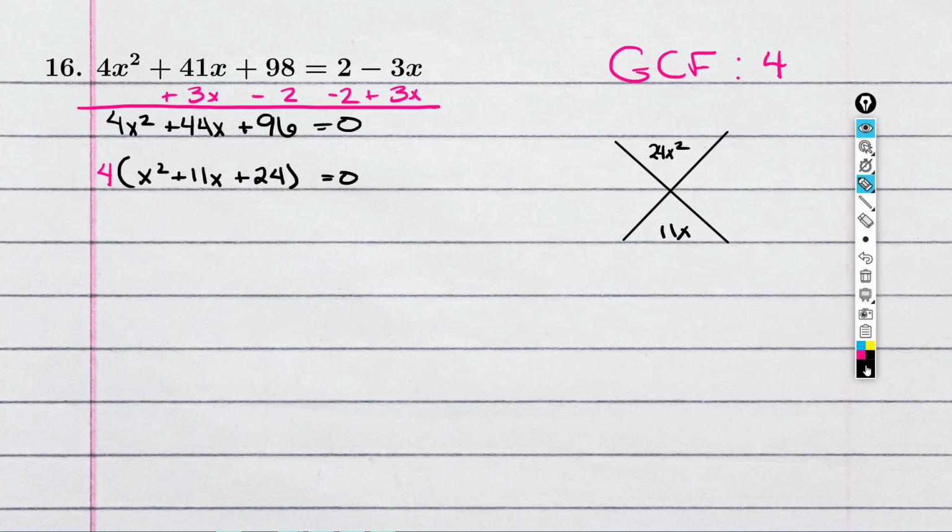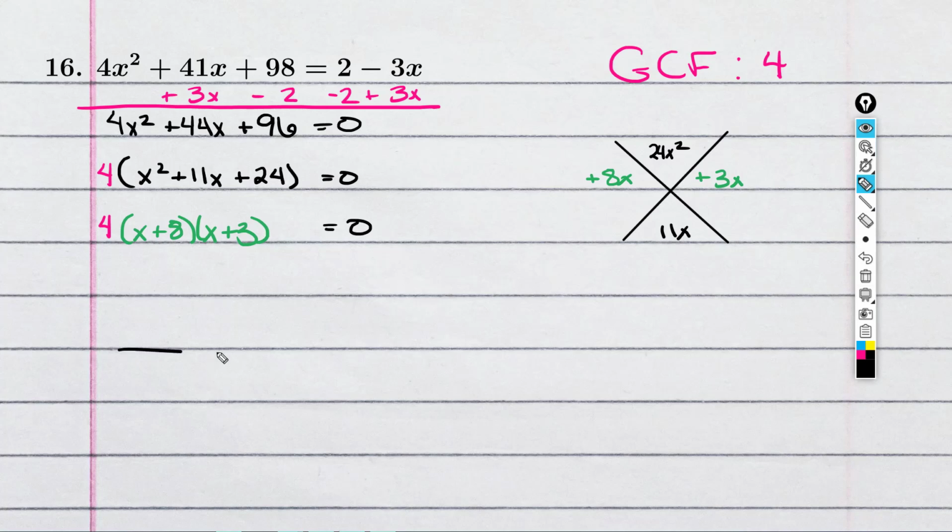So we want to think about two things that can multiply to give me 24 that would add to give me 11. So we have a positive 8x and a positive 3x. And so we write down our common factor of 4, and then we open up our two parentheses. X plus 8 and x plus 3 equals 0.